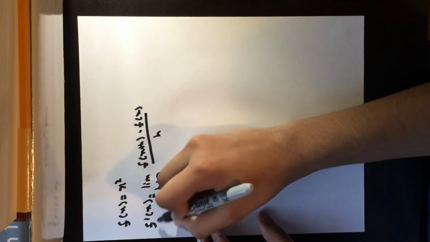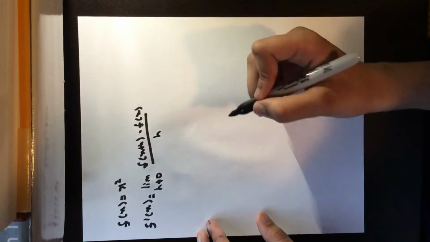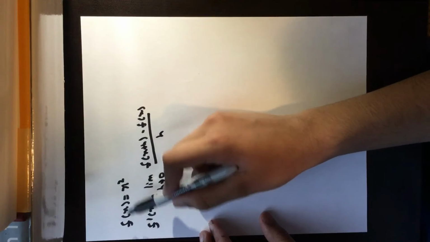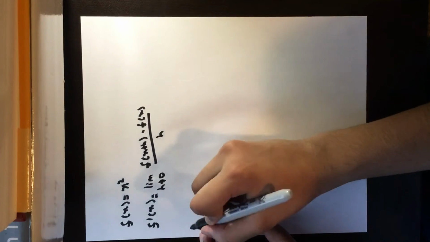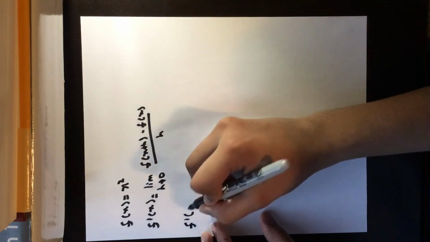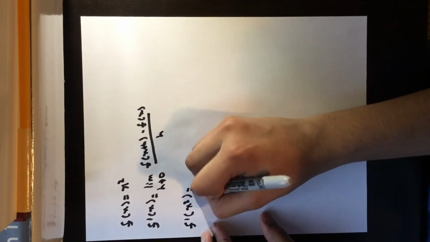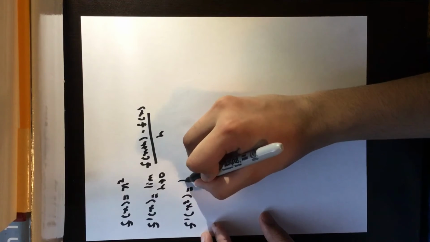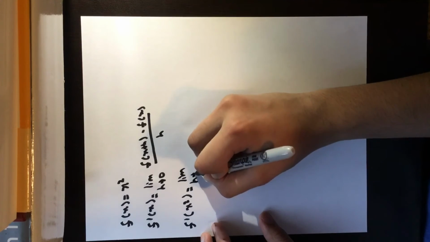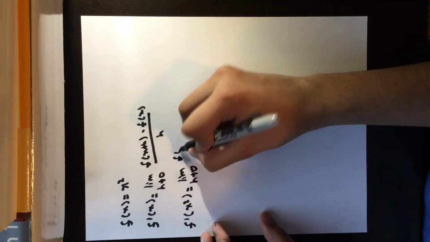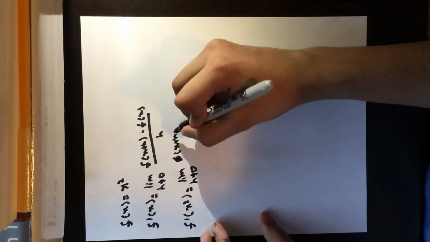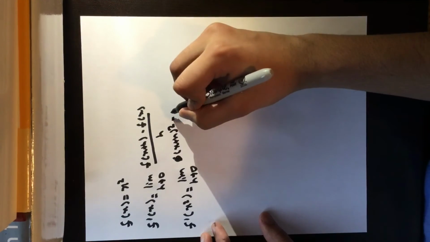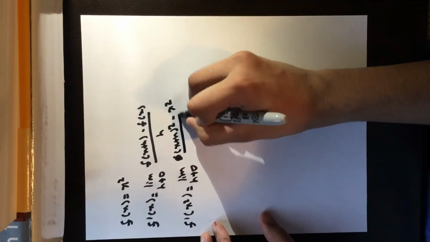And f prime of x signifies the derivative of f(x). So given f(x) is equal to x squared, to find the derivative of that, we do f prime of x. This is equal to the limit h going to 0 of (x plus h) whole squared minus x squared over h.